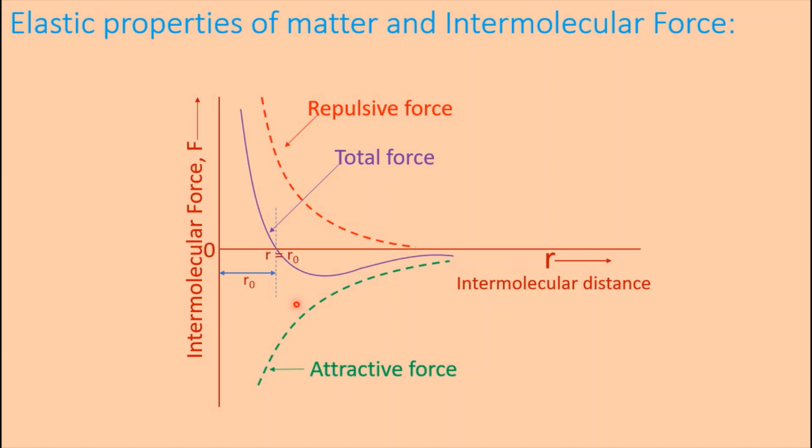Therefore we can say at r equal to r0 the molecules of the matter will remain in stable state, that is their potential energy will be minimum at this distance.